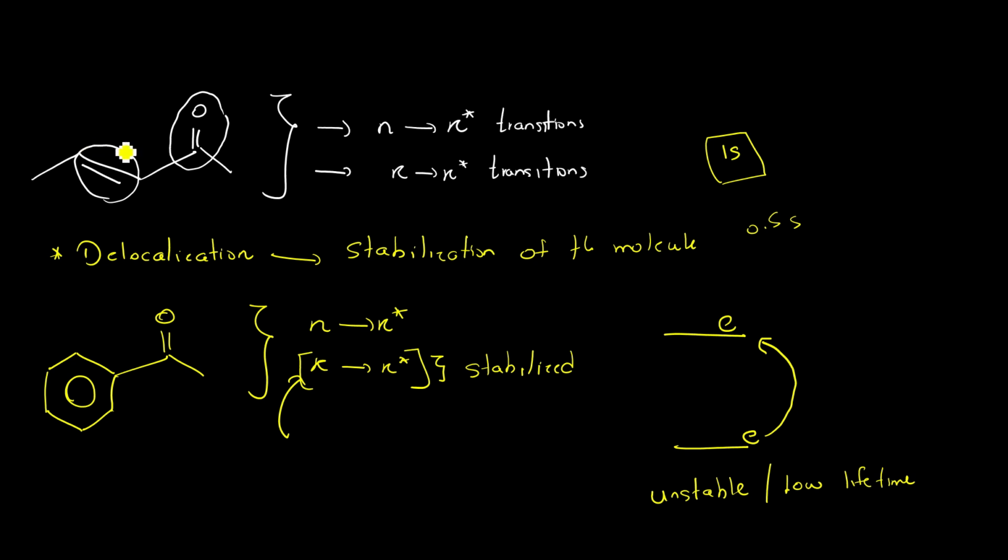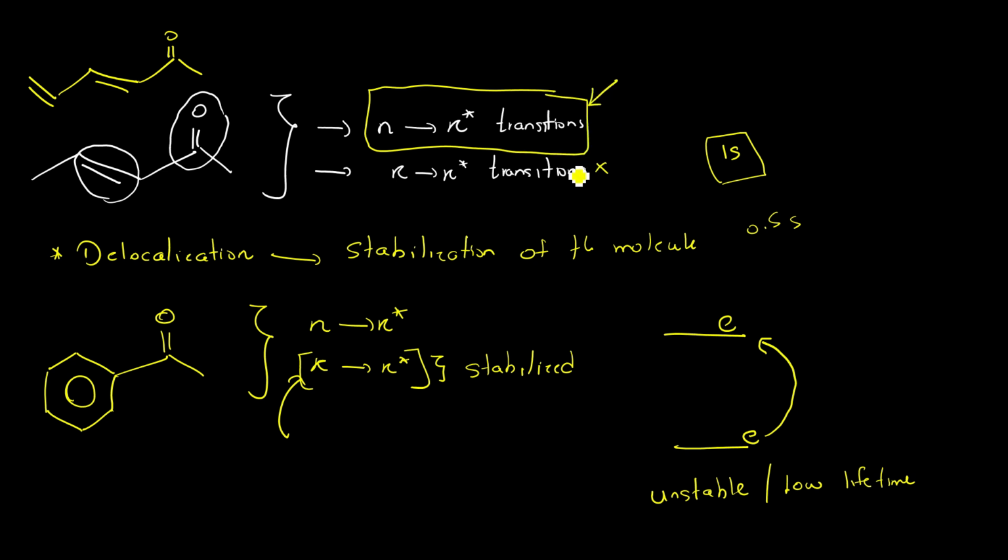But when you have lower delocalization, like here, or where only 2 pi bonds are there, it is also considered low delocalization. In these cases we can ignore the pi to pi star transition and continue with the n to pi star transition.